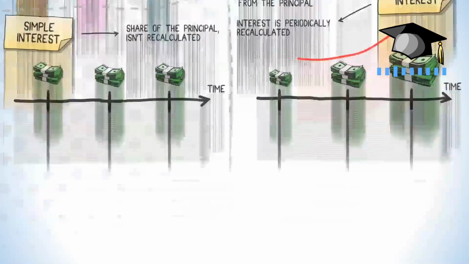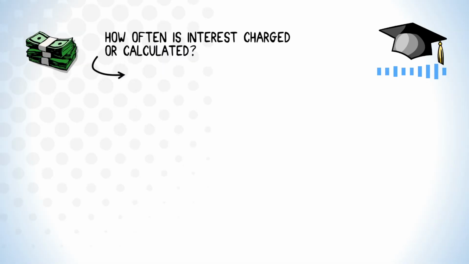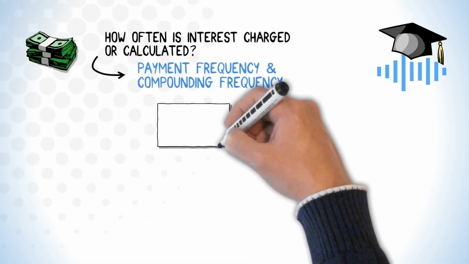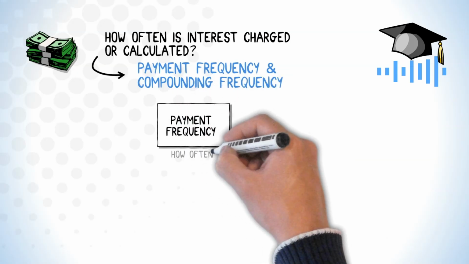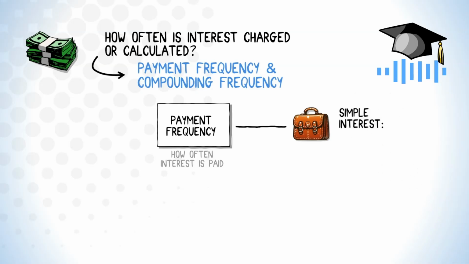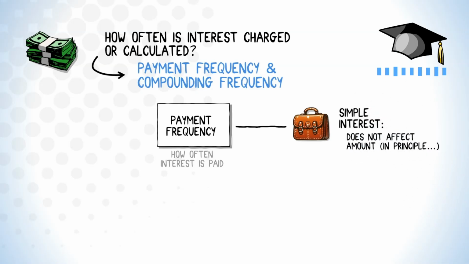The next thing is how often the interest is charged or calculated. This is known as the payment frequency and the compounding frequency. The payment frequency is how often interest is actually paid or returned. With simple interest, at least in principle, the payment frequency does not affect the overall amount of interest if the duration of the loan stays the same, which implies that the payment rate also stays the same.